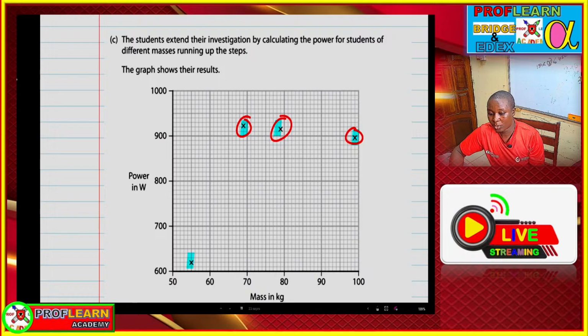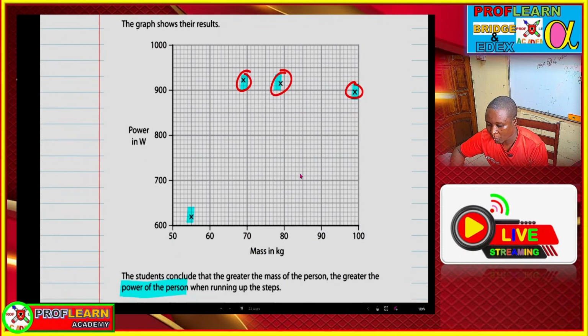They are supposed to do it with quite a good number, like around 6 data sets, so that they can conclude. And also they need to do more students with mass between these ranges they have done here, so that they can see whether the trend is going to be the same.